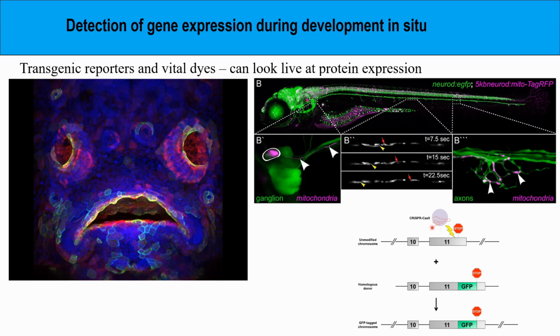But like I mentioned, it is nowadays possible to do tagging at the gene locus, and CRISPR-Cas has been one of the advancements in the last 5 years that has made this more feasible. We can design guide RNAs to target CRISPR to the gene we're interested in and introduce GFP or RFP tags there. So this will be coming more and more.